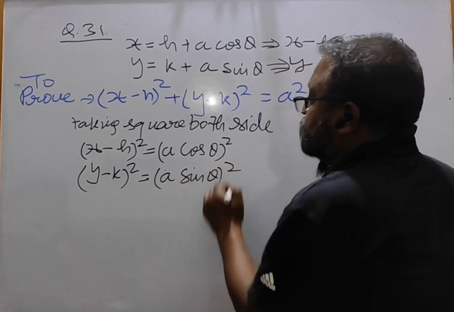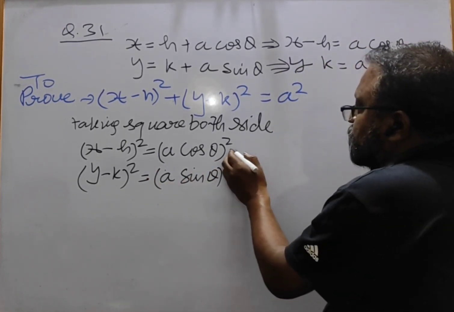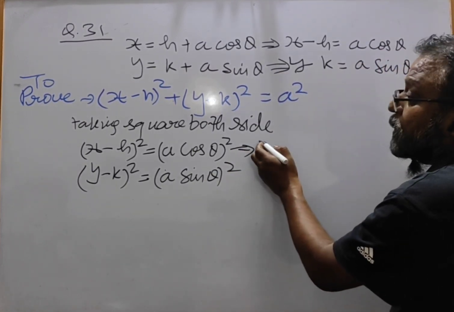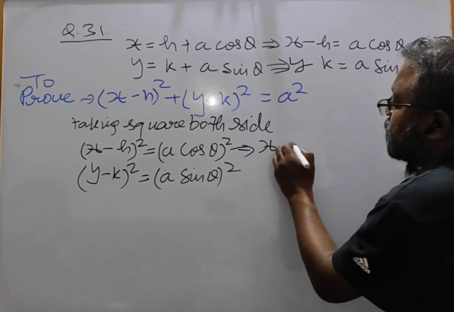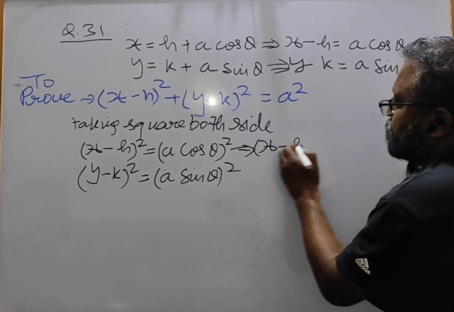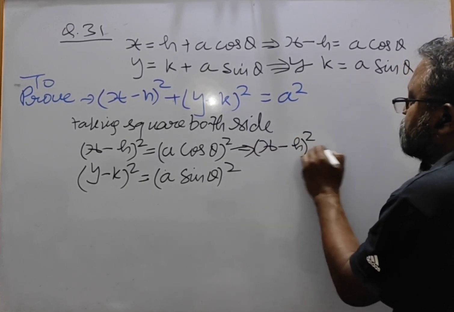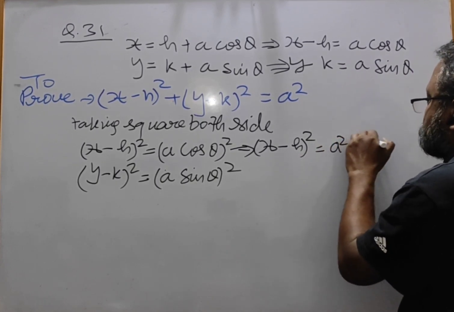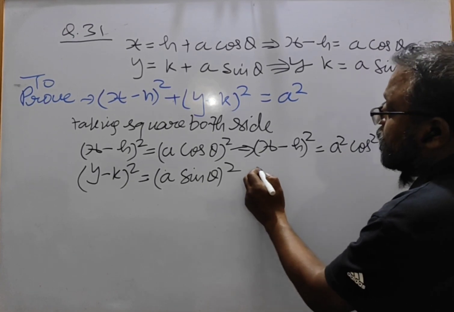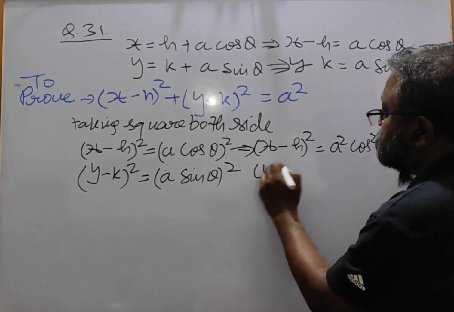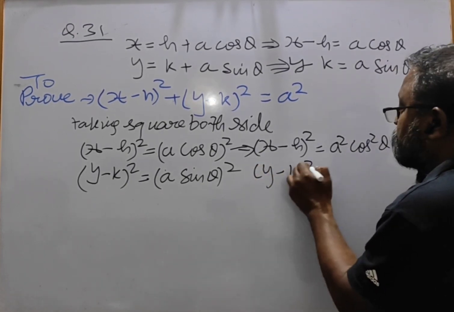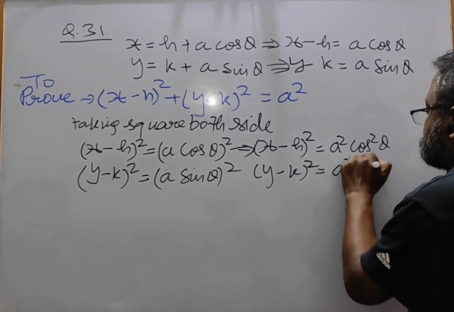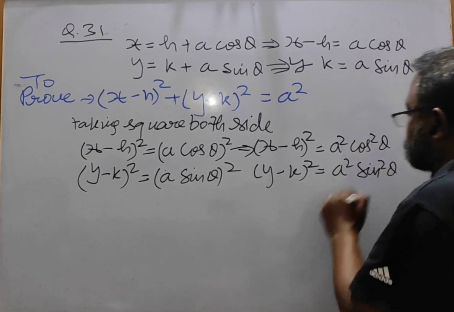It can be written as (x minus h) whole square is equal to a square cos square theta, and (y minus k) whole square is equal to a square sin square theta.